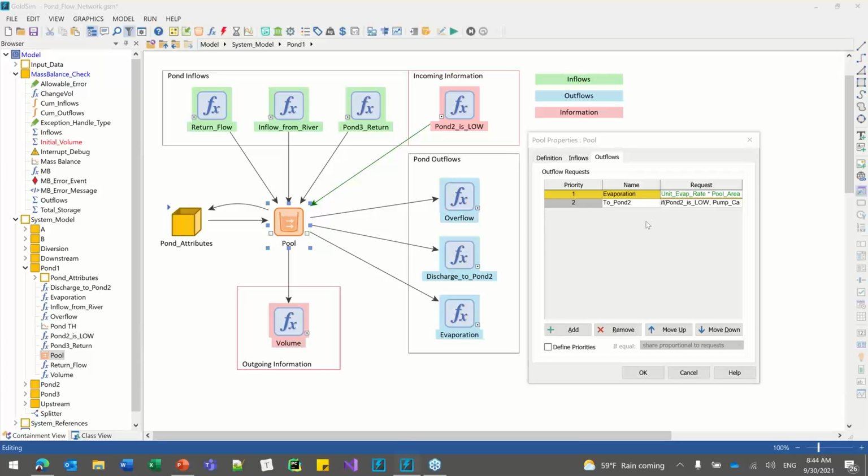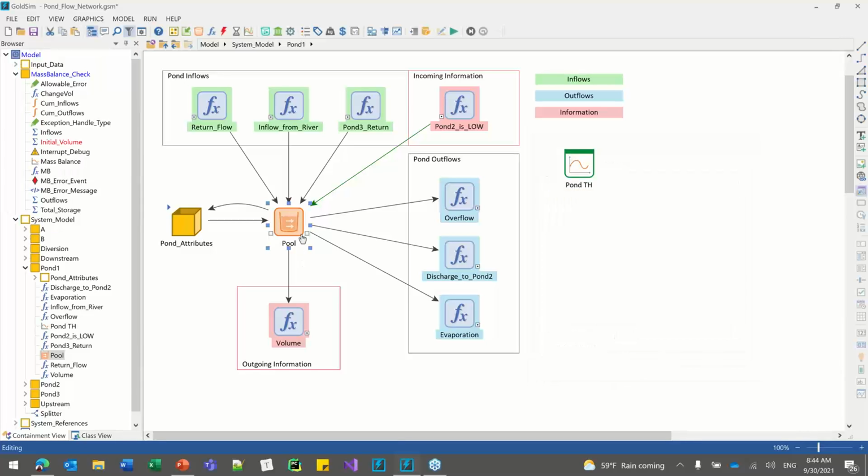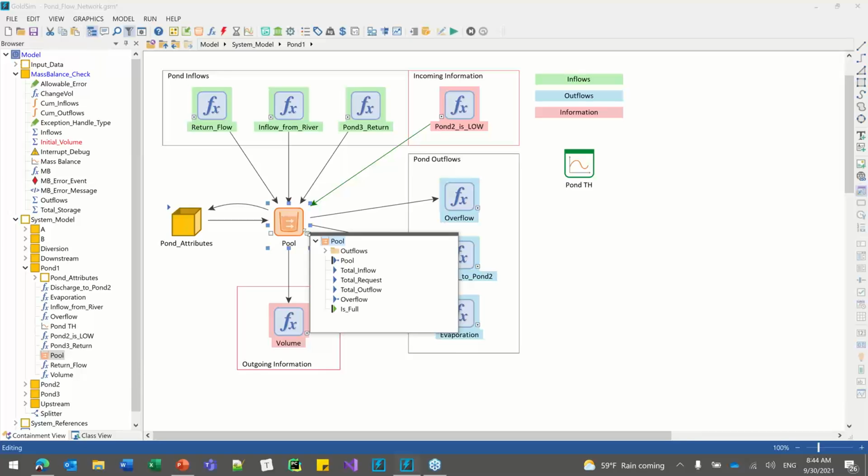It is much better to always separate your requests from your outflows as two separate entities. If I need to refer to how much water is leaving this pond due to evaporation, I would always do it as the defined outflow that you find in the output port of this element. This is the resulting outflow.